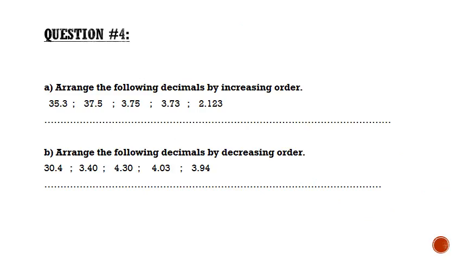Now, question number 4. I have to arrange the following decimals in increasing order. What's the increasing order? From the smallest to the greatest. What's the smallest number here? Yes, Hadi. 2.123. Very good. What comes next? 3.73.